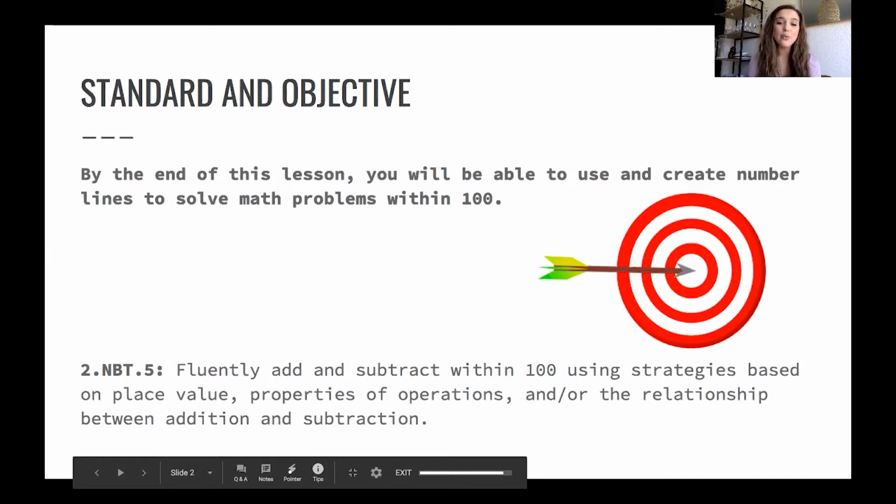And the standard that we are following is being able to fluently add and subtract within 100 using strategies based on place value, properties of operations, and/or the relationship between addition and subtraction. And a number line is just one strategy of many that we can use to do math in a different way and in a fun way.